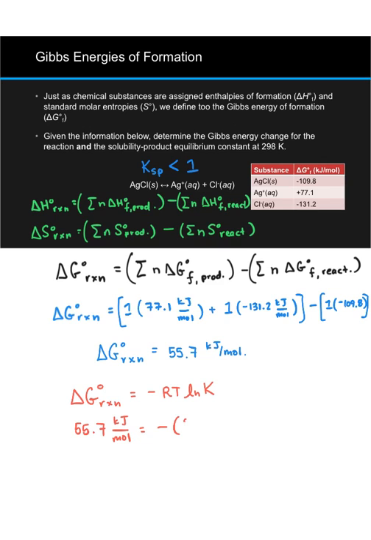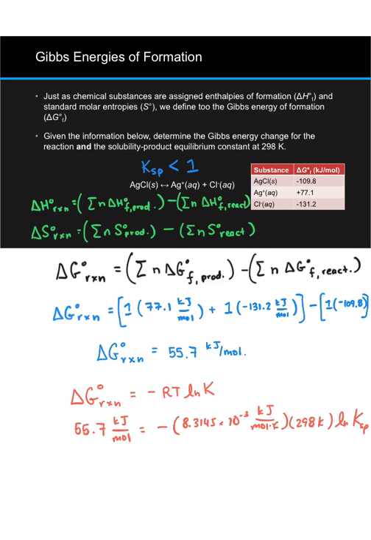That's equal to negative R, 8.3145 times 10 to the minus 3 kilojoules per mole Kelvin at 298 K times the natural log of our equilibrium constant, which in this case is KSP, our solubility product equilibrium constant.